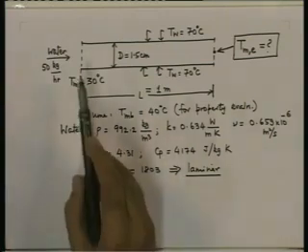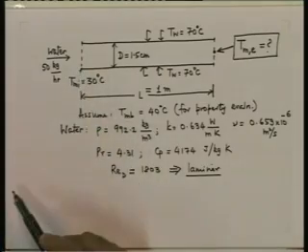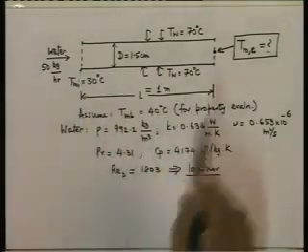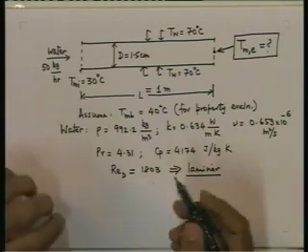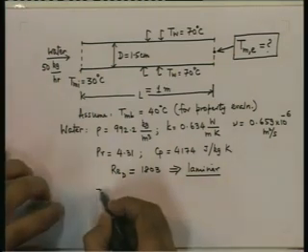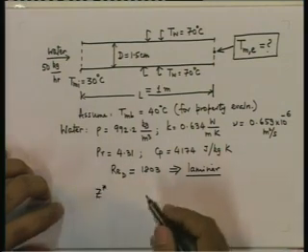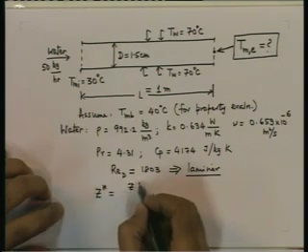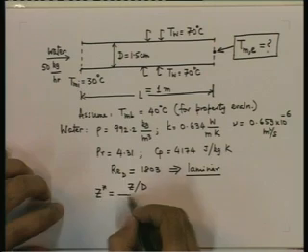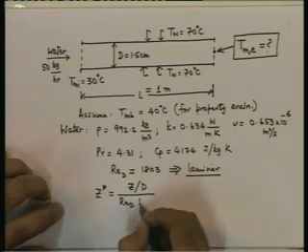Now, we have to begin heating from Z equal to 0. So, this is a thermal entry length situation. Let us calculate the dimensionless value of Z. Z star we know is Z by D divided by Re_D into Prandtl number.